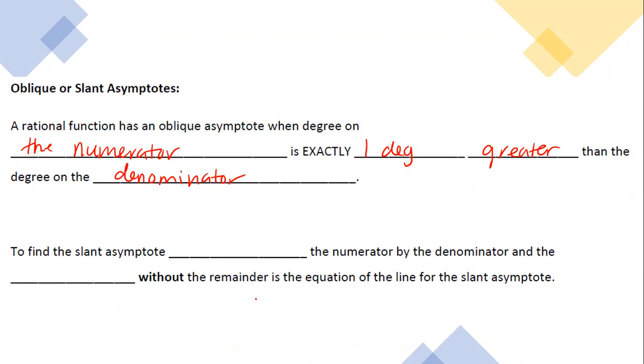Okay, so you have an oblique or slant asymptote if the degree on the numerator is exactly 1 degree greater than the degree on the denominator.